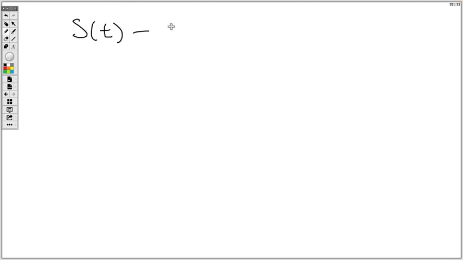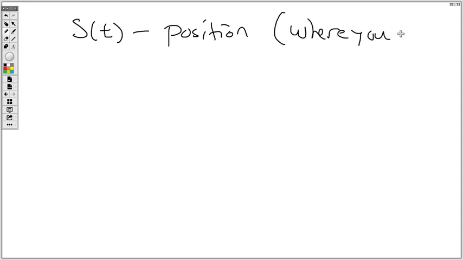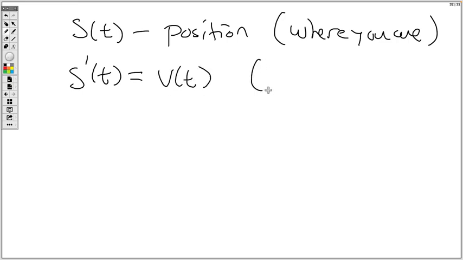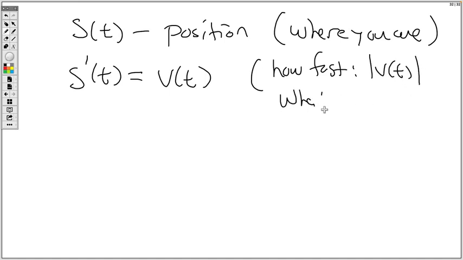So we have s of t. This is the position function. This tells you where you are at time t. If I take the derivative of the position function, I get the what function? I get the velocity function. So this is how fast, which is the absolute value of velocity, that's your speed, and what direction, that's the plus or minus you're heading.